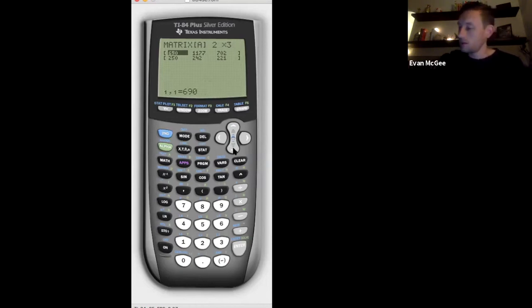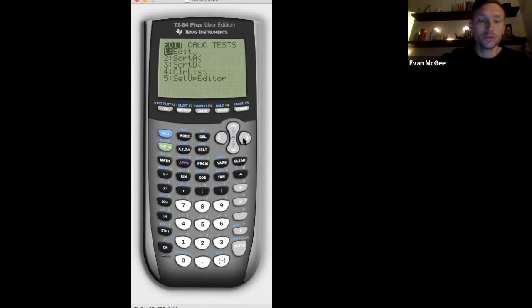So now I'll type in the data. Once I have them all in, excluding totals, of course, then I can do stat tests. And I'm going to do the exact same chi-square test that I did for a test of homogeneity, but this is for a test of independence. It's just the same function on the calculator.